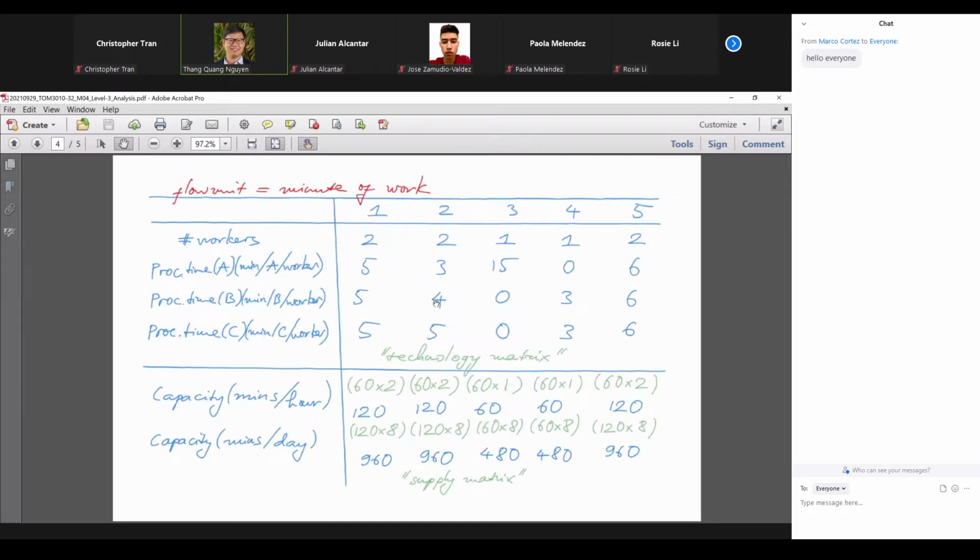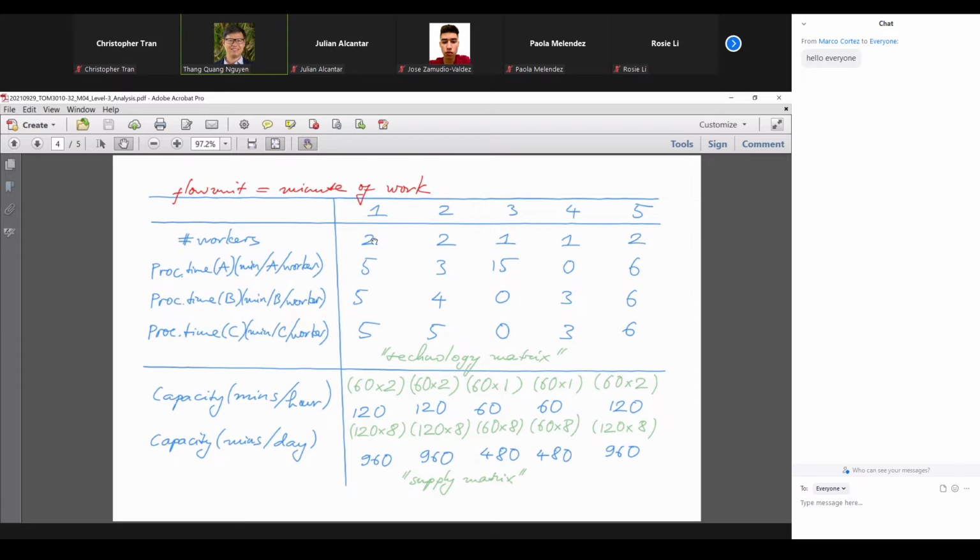And we did some calculation here. So the first part of the table just tells us the technology of the restaurant, right? So the processing time tells us how fast we are with our cooking process. The number of workers is not part of the technology matrix. The technology matrix is the processing times down here. So if we have 1 worker, then that's going to take that many minutes, right?